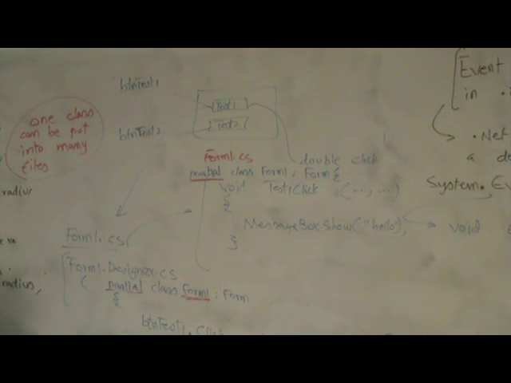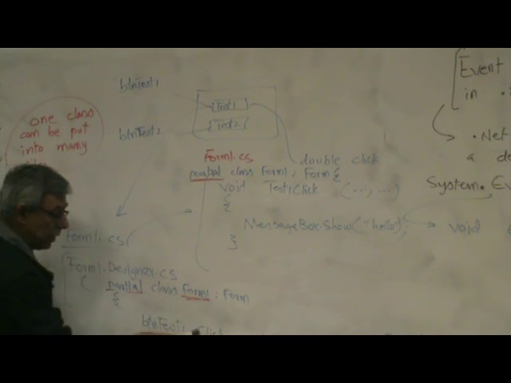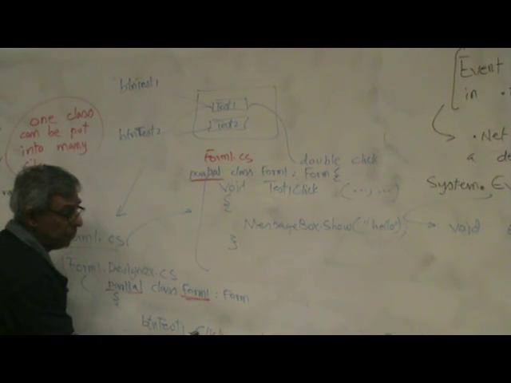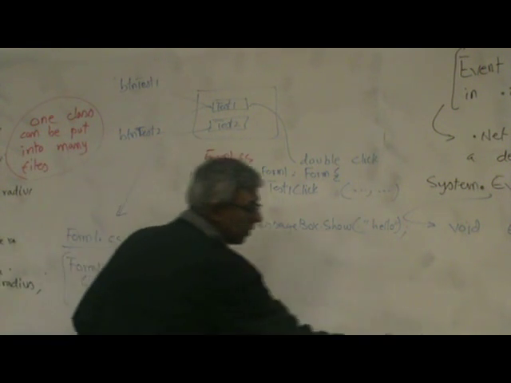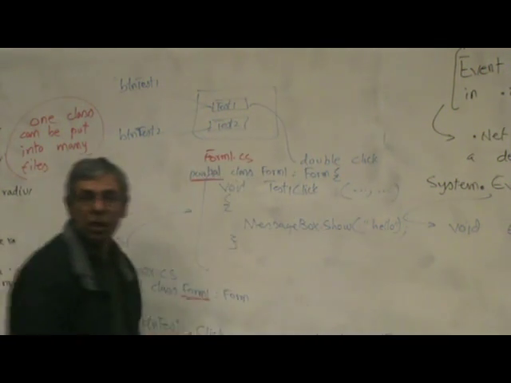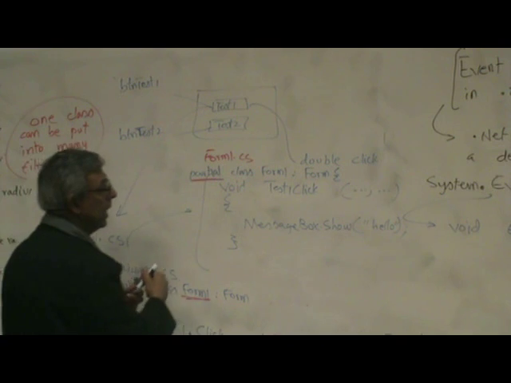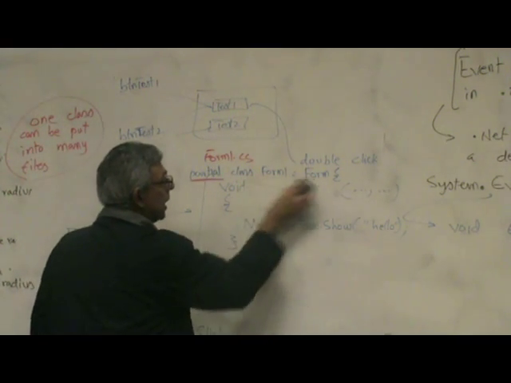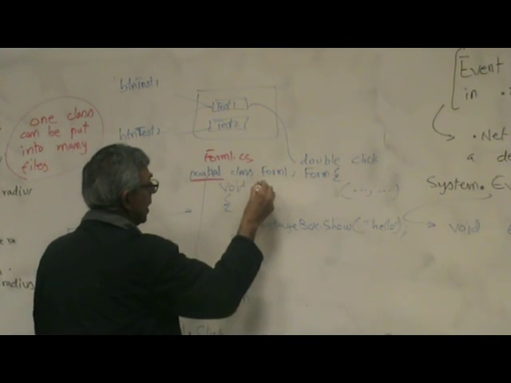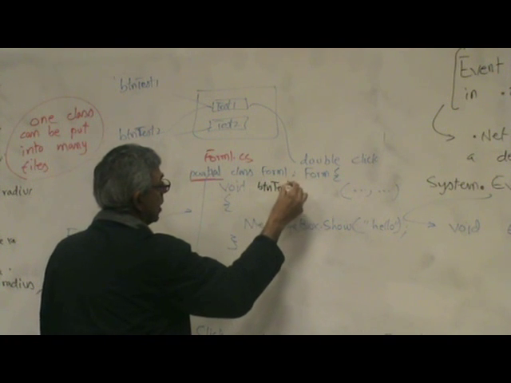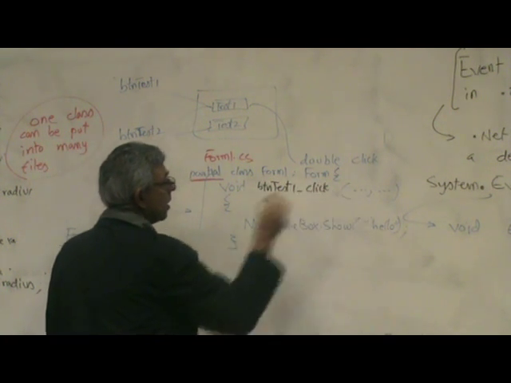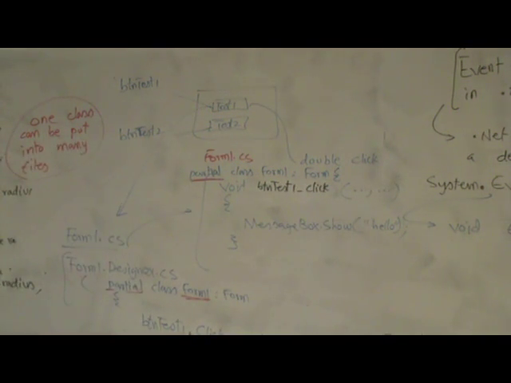Okay? So now what's the meaning of this? The meaning of this is if you click on this button, which function will be called? btn test1 underscore click, right? And that's why in the beginning this was called btn test1 underscore click. Okay, now let's say you don't like this name.